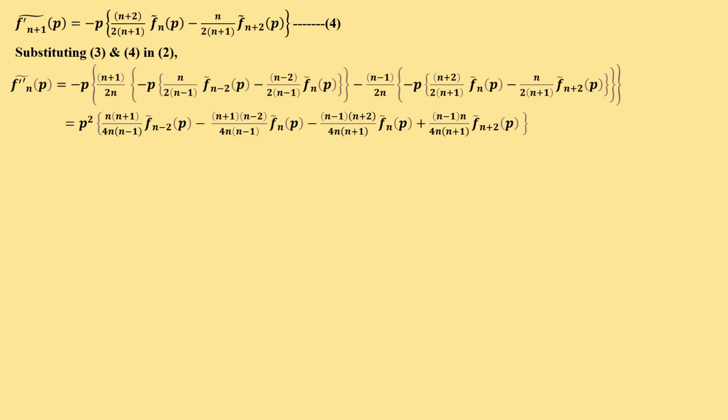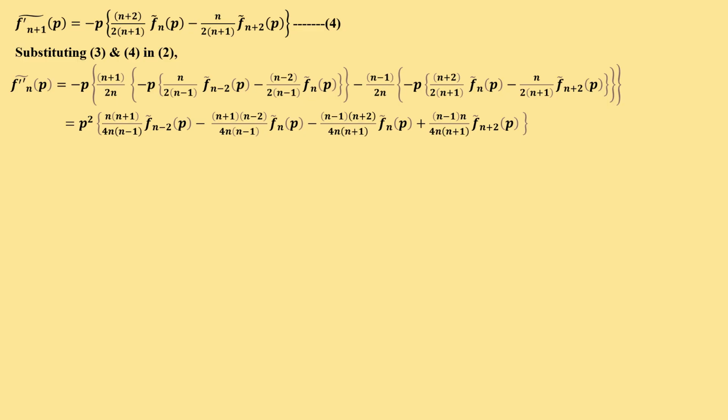So p is common. Minus p we are taking outside, so minus p into minus p, square. So first term: n into (n plus 1) by 2n into 2 into (n minus 1), that is 4n into (n minus 1), f_(n minus 2) bar of p. Next term minus: (n plus 1) into (n minus 2), numerator, 2n into 2 into (n minus 1), that is 4n (n minus 1) denominator, f_n bar of p.